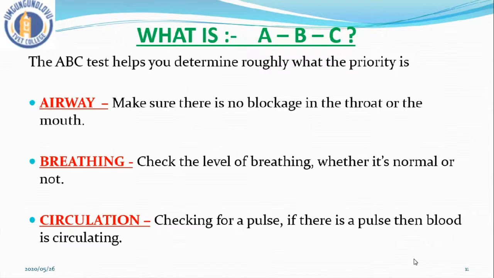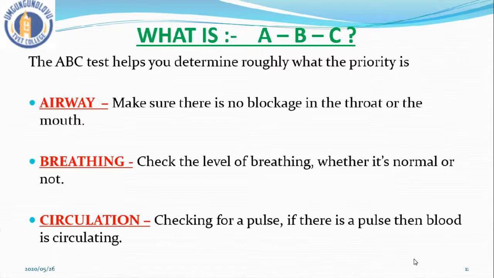What is ABC? The ABC test helps you to determine roughly what the priority is. A is airways, B is breathing, and C is circulation.